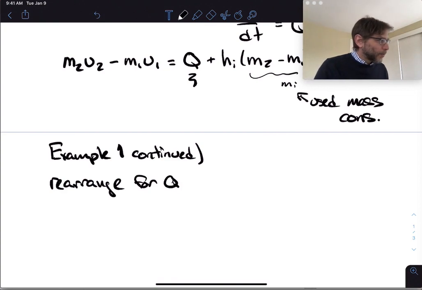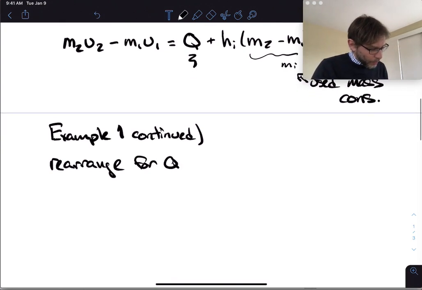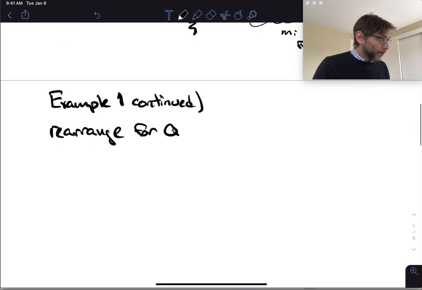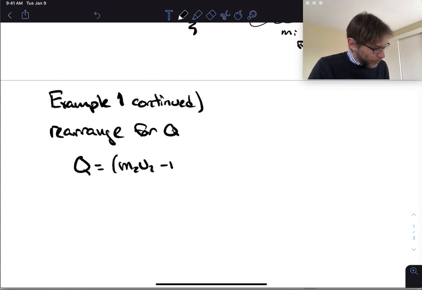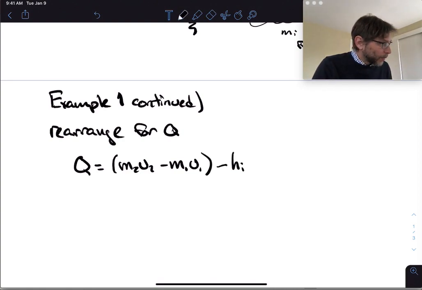So then all we have is m1 and m2, and we can do that because we're given the volume and we can calculate what the mass is. Rearranging for Q, we end up with Q equal to m2u2 minus m1u1 minus h_i times (m2 minus m1).